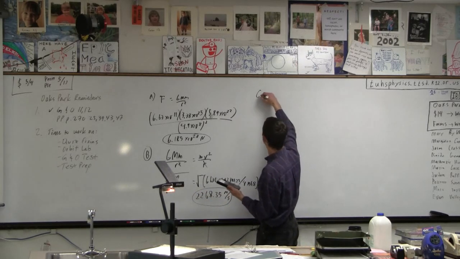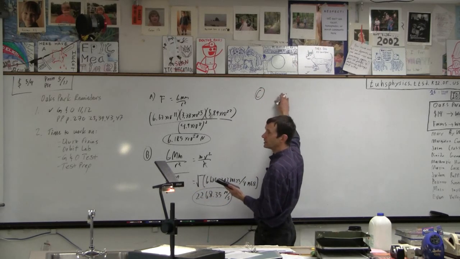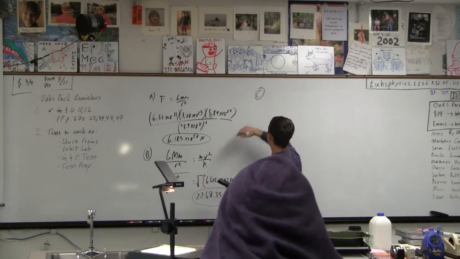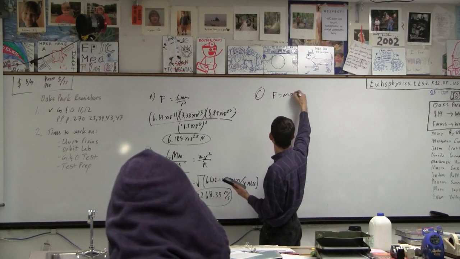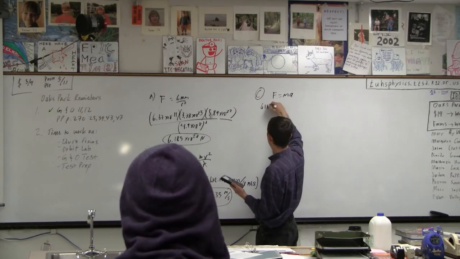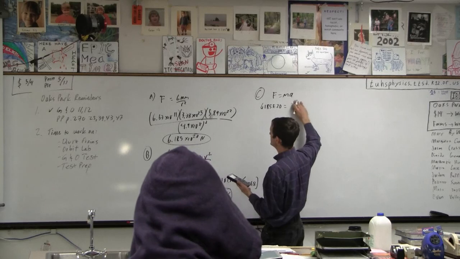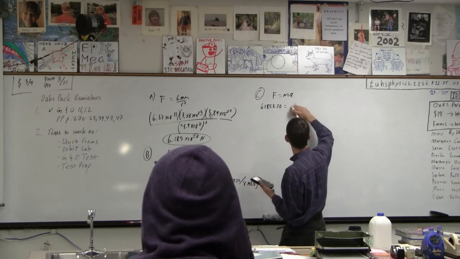C says, what is the acceleration of the moon toward the planet? The centripetal acceleration. A lot of ways we can do that. I'm going to use F equals ma. Right, so 6.185 E20 equals, whoops, the mass of the moon is 5.89.